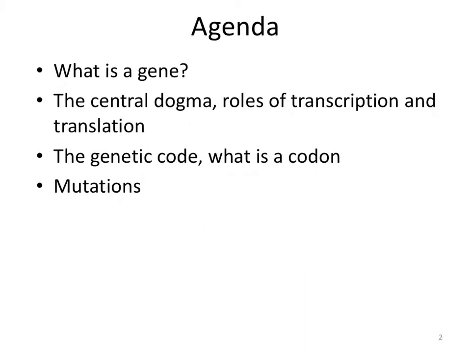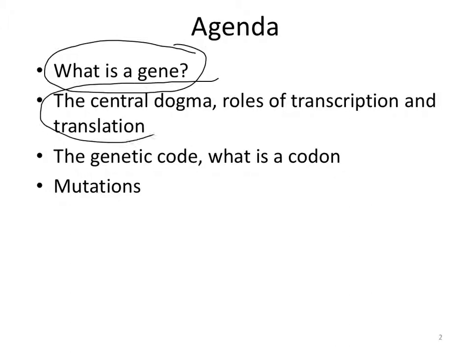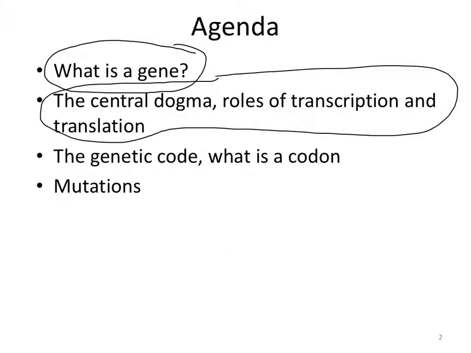So what we're going to talk about first is what is a gene, and then we're going to talk about what is referred to as the central dogma, including the roles of 2 cellular processes known as transcription and translation. Just to give you a heads up, a lot of students have trouble differentiating between transcription and translation.